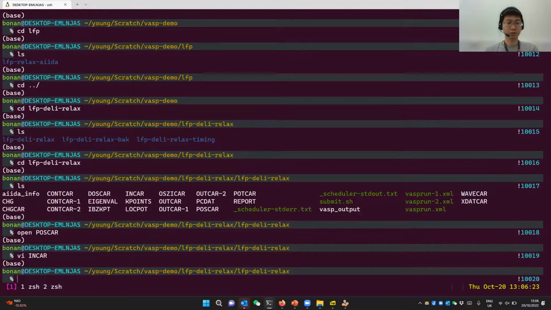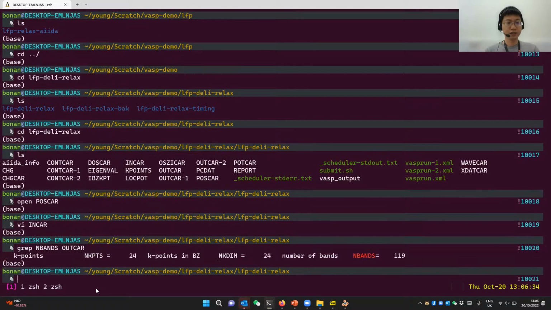So why do I choose this? Because if I look at what the calculation is actually doing, the number of bands and number of K points, I can check them.